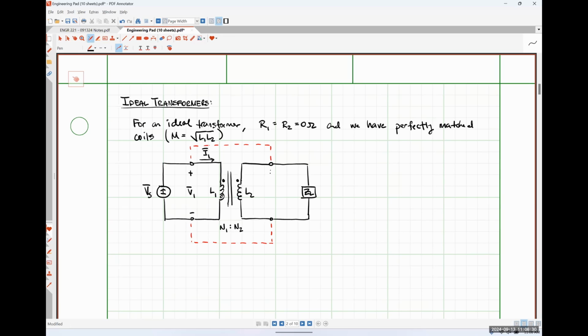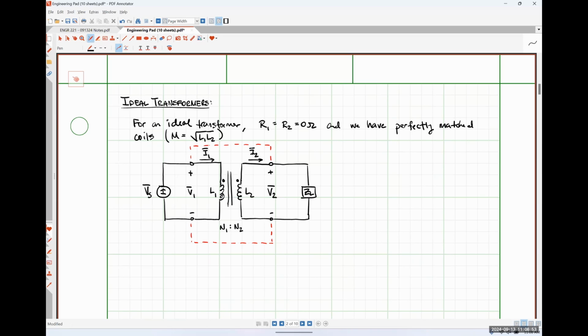My secondary voltage is going to be V2, and I'm going to define my current I2 as flowing out of my secondary coil. So let's talk about the implication of those directions of those currents with respect to the polarities of the voltages that I've defined here.